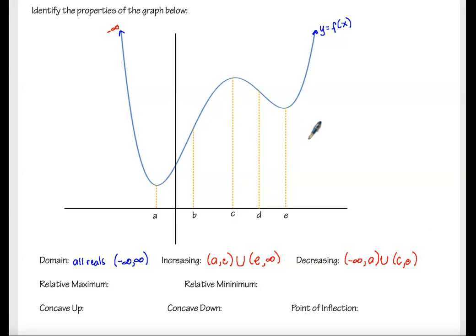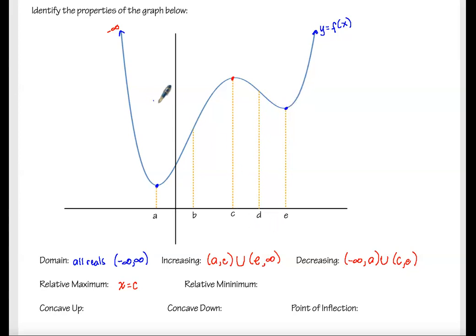Now let's take a look at the relative maximum. There is no absolute maximum here. We do not know what the maximum point really is, but within the graph, we have this high point. So within this interval, we have a hilltop right here, which is at point C. So you have a relative maximum when x is equal to C. And then we have a low value here, a valley, and another one right here.